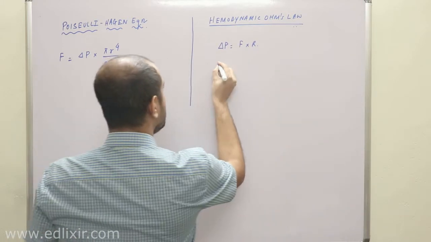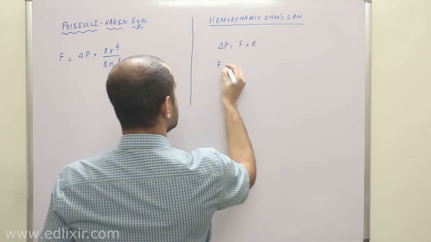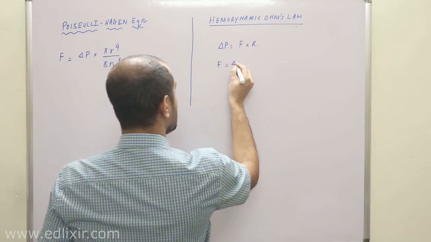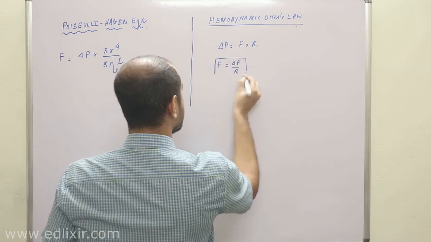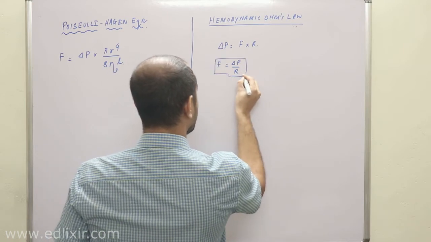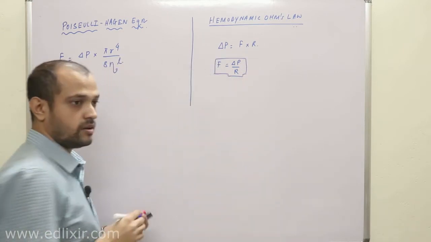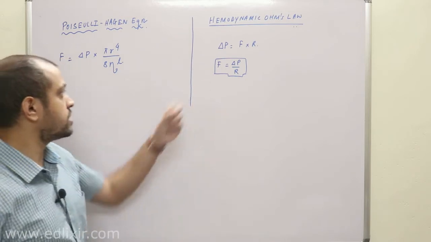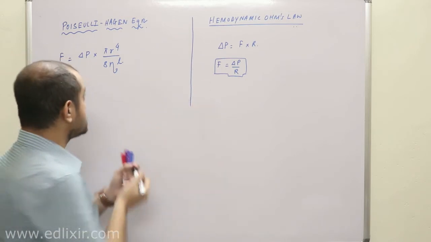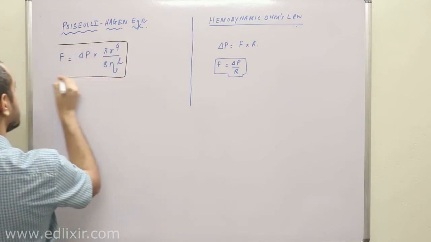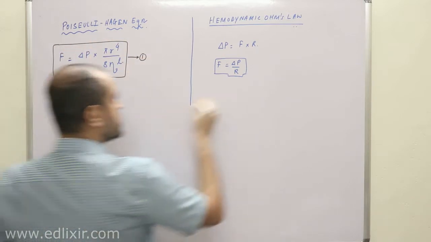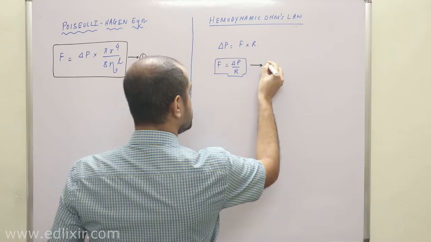Now we will be converting this equation into this. That means we are trying to make the blood flow the subject of this equation. Clear? Suppose this is equation 1, and suppose this is equation 2.